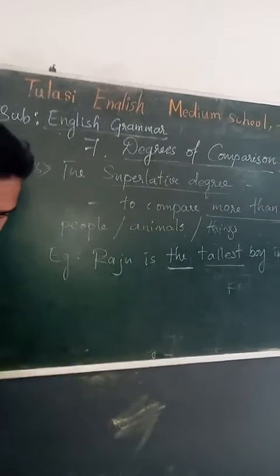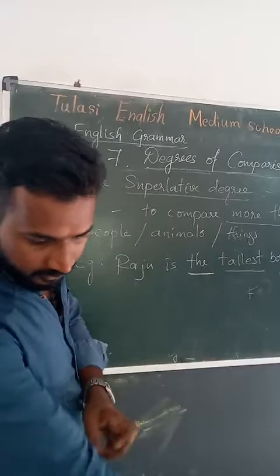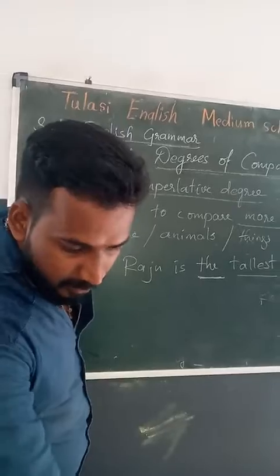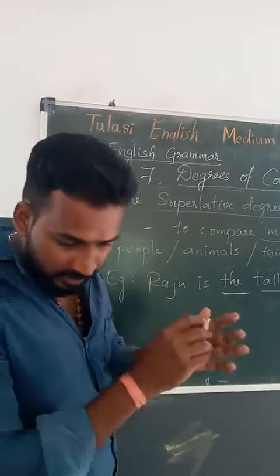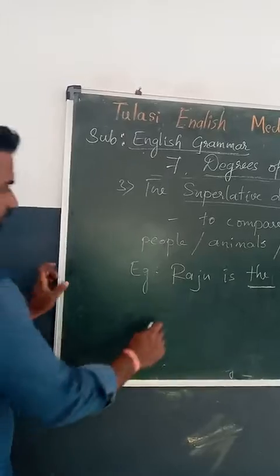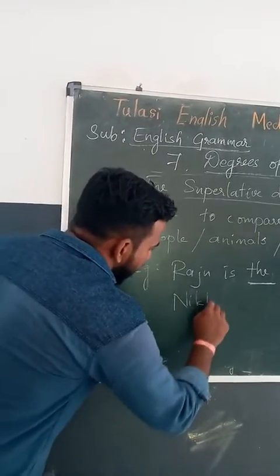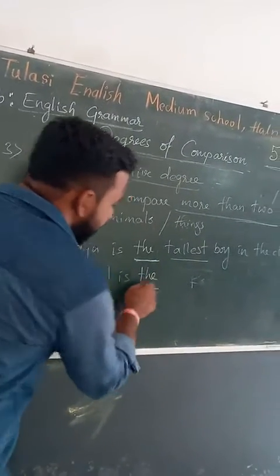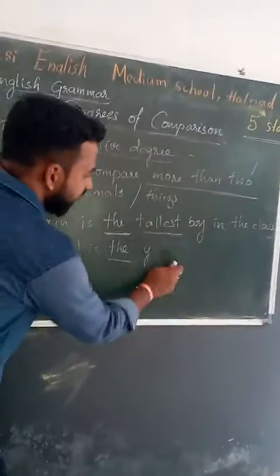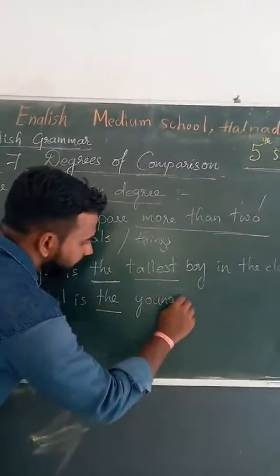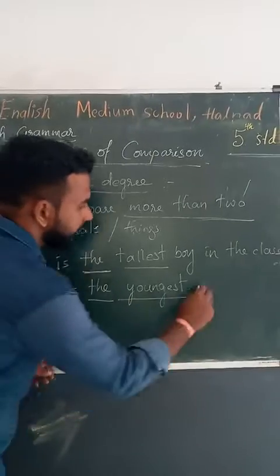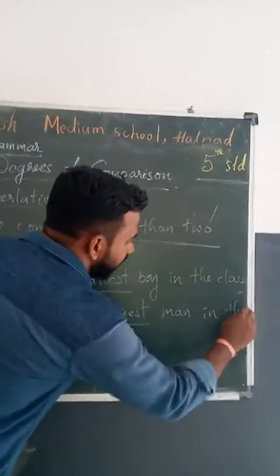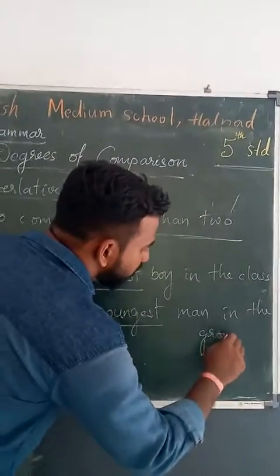Another example, say Nikhil is a young man. We took it as the positive degree. In the comparative degree, Nikhil is younger than Sushil. And here, "the" should be used: Nikhil is the youngest man in the group, or whatever we can add.